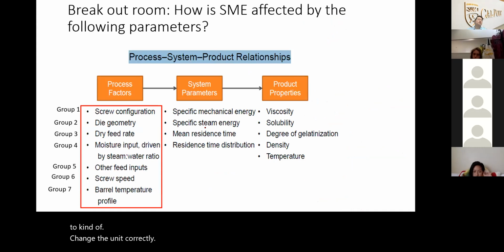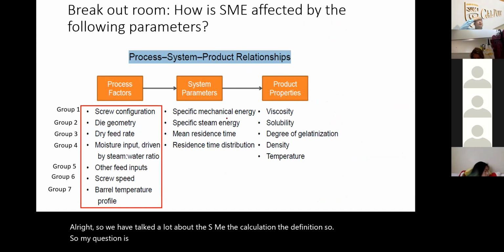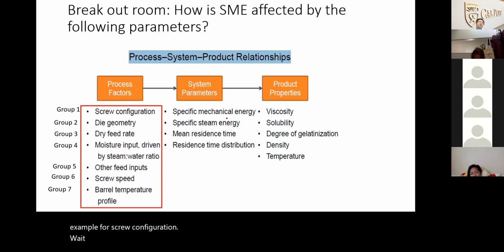All right, so we have talked a lot about the SME, the calculation, the definition. So my question is, how can we control the SME using those factors? For example, for screw configuration, the twin screw and the single screw, which one has a larger SME?